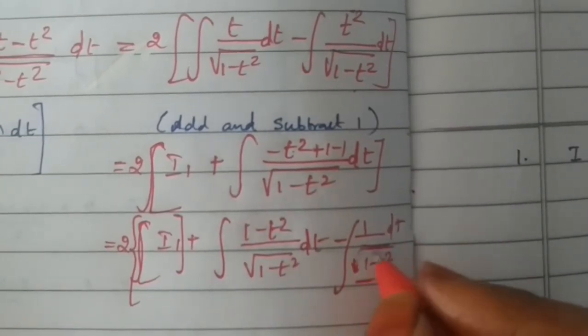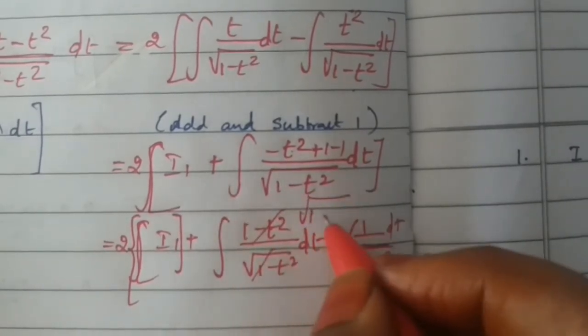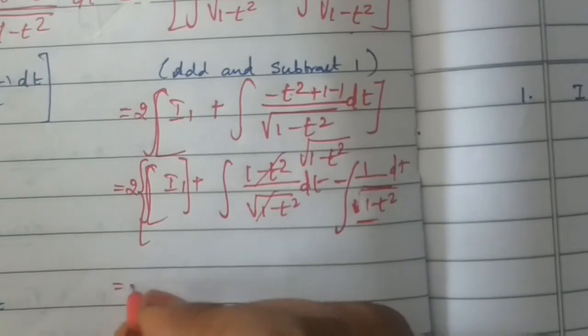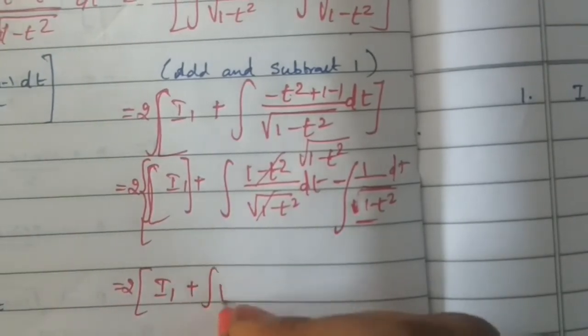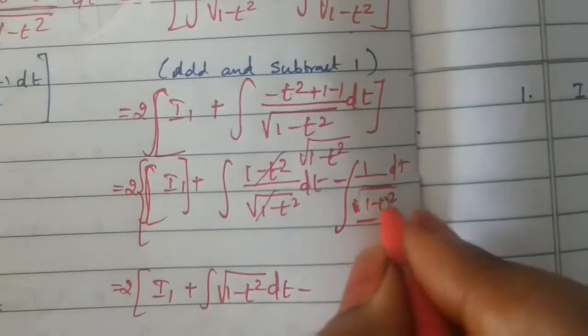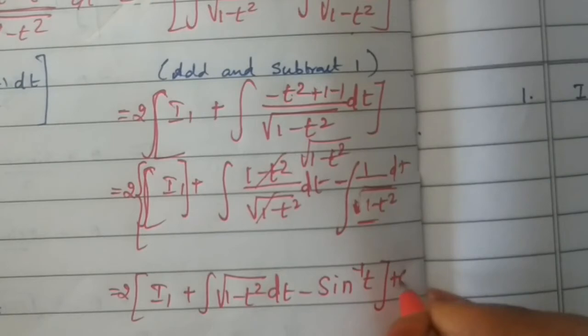The second is nothing but sine inverse of t. Here when you cancel, you will get root of 1 minus t squared. So 2 into the integral 1 value we have found already, plus the integral of root of 1 minus t squared dt, minus sine inverse of t, plus the constant of integration.